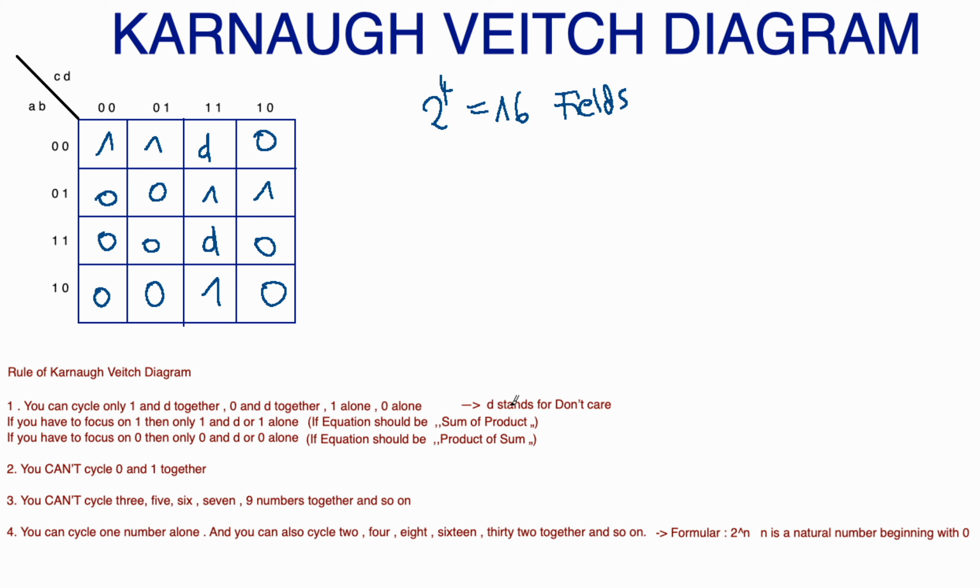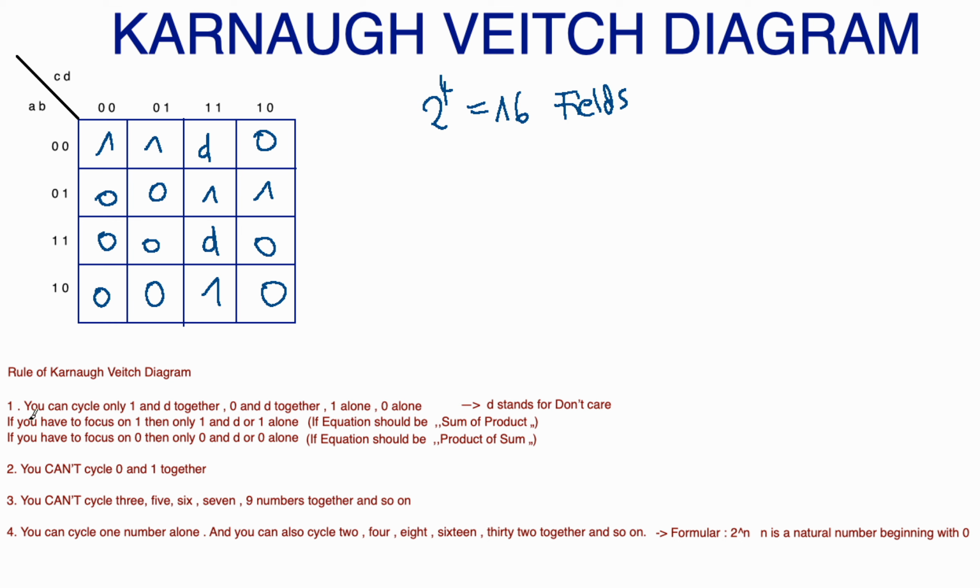But if your equation will be product of sum, then you should focus on 0. And then only 0 and D, or 0 alone, should be cycled. So that's the second.